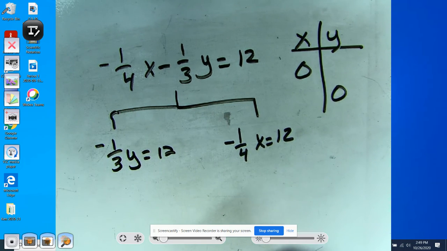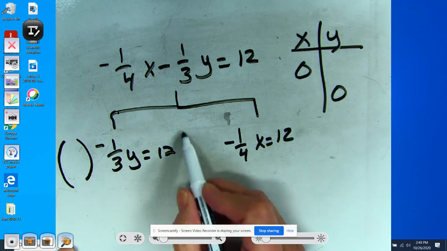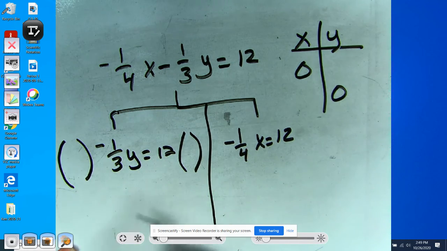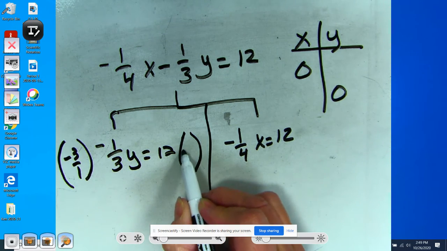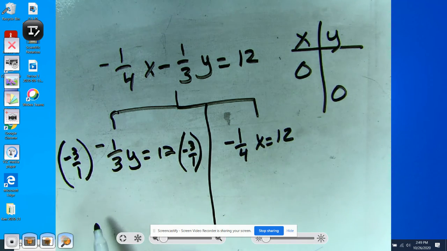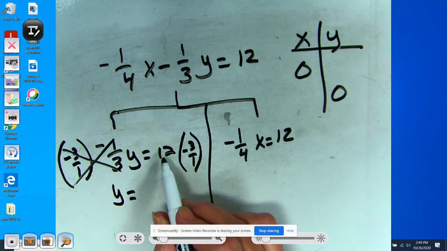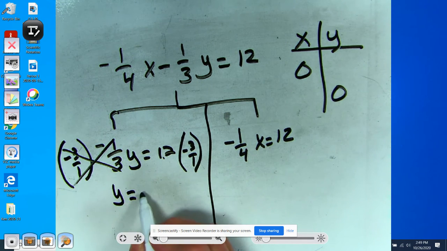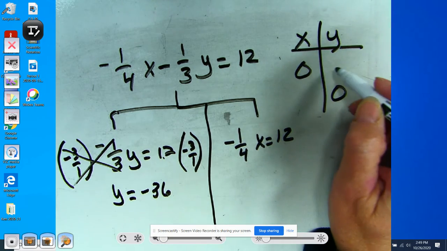Both of these have fractions. Both of them solve the same way. You multiply by the multiplicative inverse. And the multiplicative inverse would be negative 3 over 1. Cancel, cancel, and y equals 12 times negative 3, which is negative 36. So I only have one opening for a y.